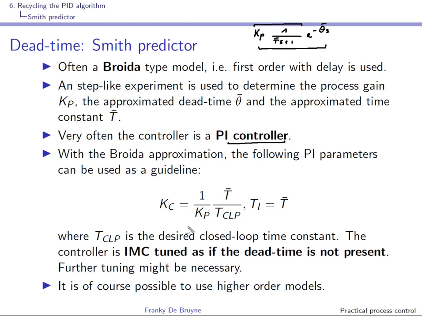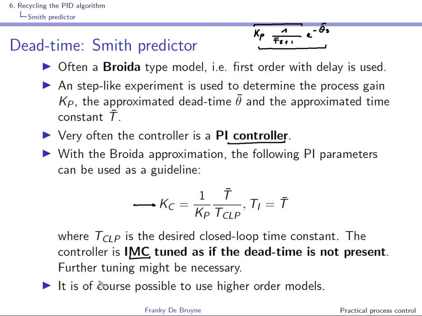And if you tune a PI controller using the IMC PID tuning method for a first order system with gain Kp and time constant T bar, this is how you should do it. Go and have a look in the IMC tuning table at the first line in case A, and you will see that these are the PI parameters.